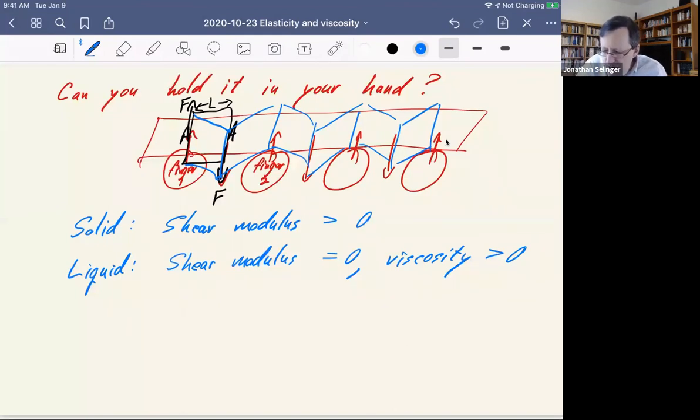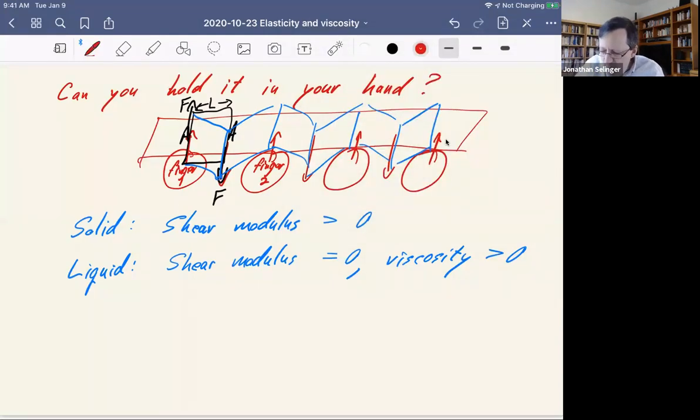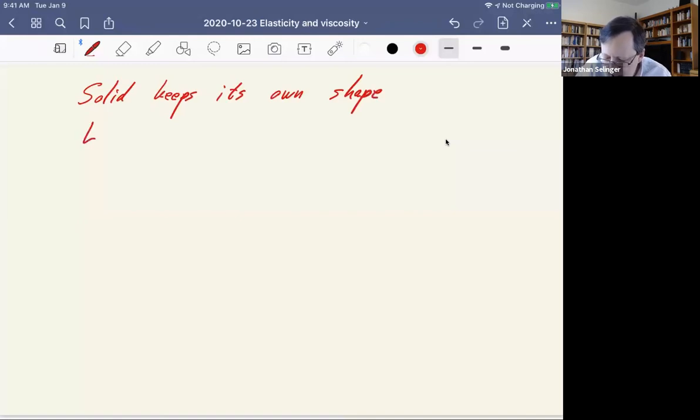By the way, a very similar consideration comes when another way people describe solids is that people say a solid keeps its own shape, but a liquid conforms to the shape of its container.